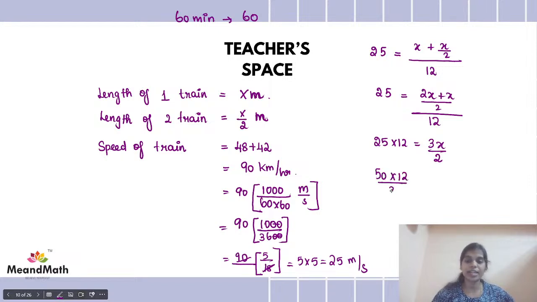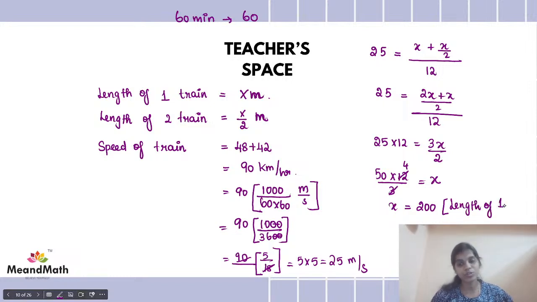So 50 times 12 divided by 3 equals x. So x equals 200. This is the length of the first train. The second train will be x by 2, that is 100 meter.